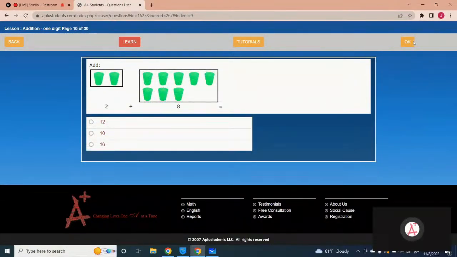Okay, so 2 plus 8 makes, 8 plus 2 makes 10. Got it? So select the correct option and click on the OK button.